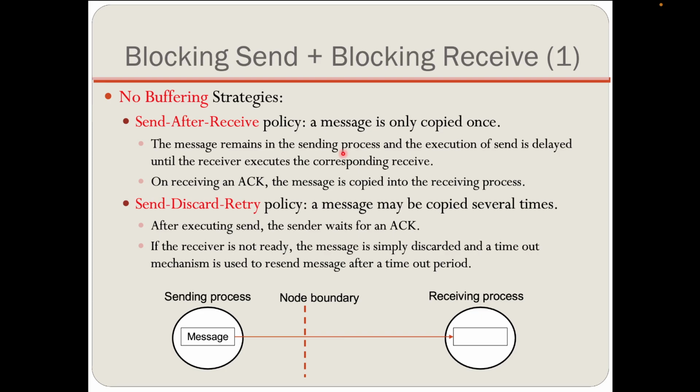If not, then it returns not ready, and periodically the sender sends this control information to the receiver host to make sure the receiving process is ready. That's why this is named send after receive: after the receive becomes ready, then you actually send the real message.